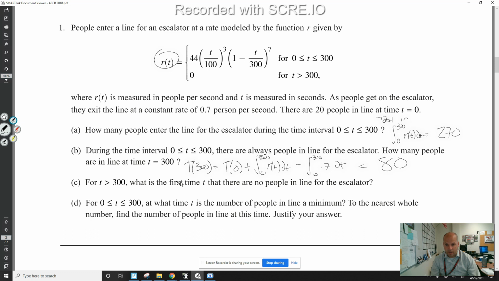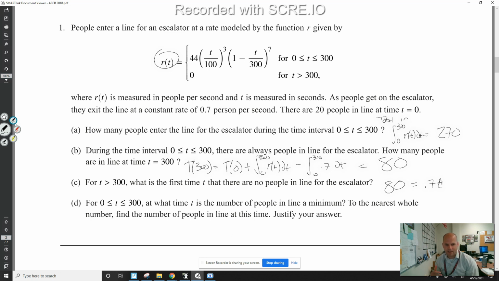For t greater than 300, what is the first time that there are no people in the line for the escalator? Well, I start with 80 people. I'm not going to have anybody wait in line anymore. There's no more people after 300. I'm just going to lose people at a rate of 0.7 per second.